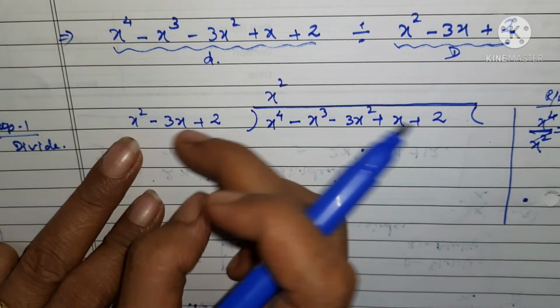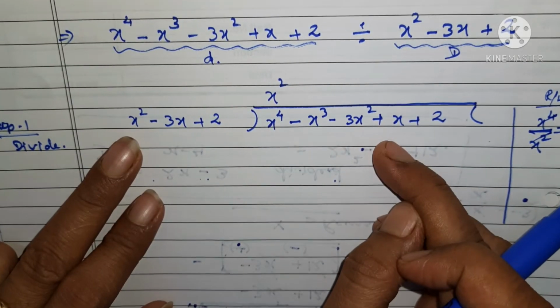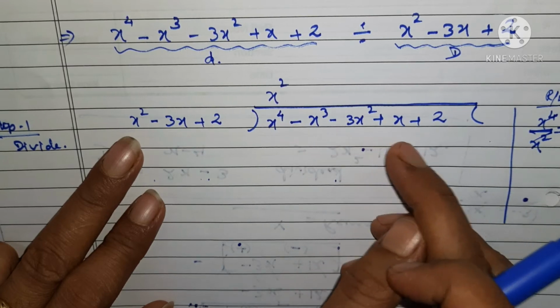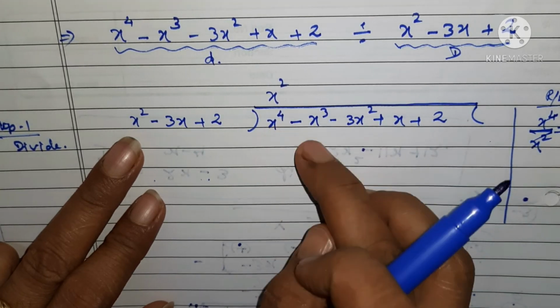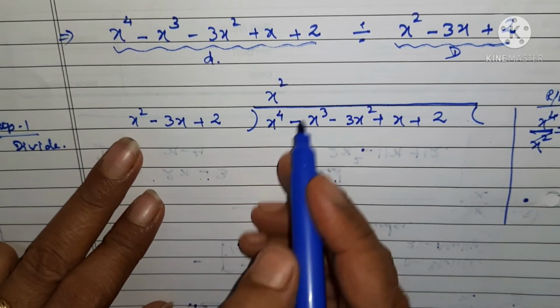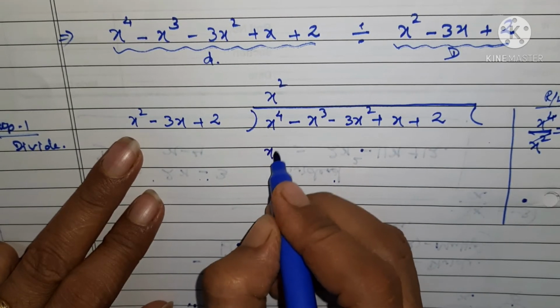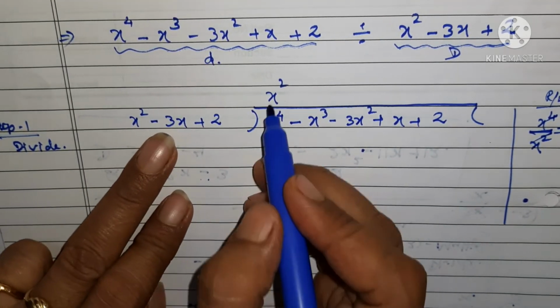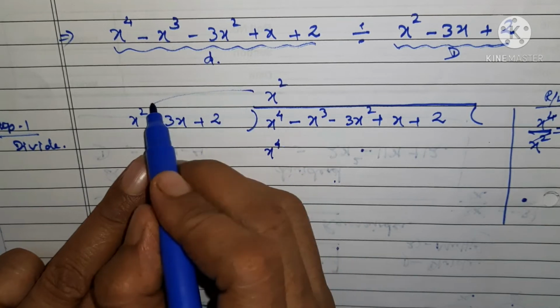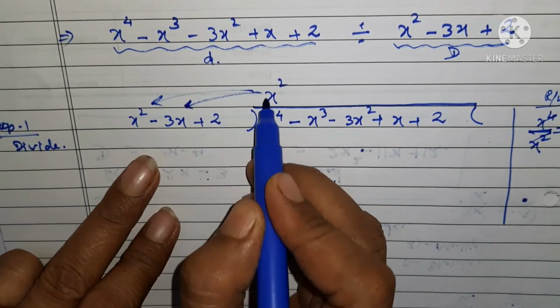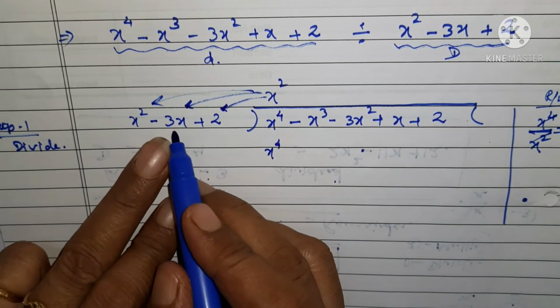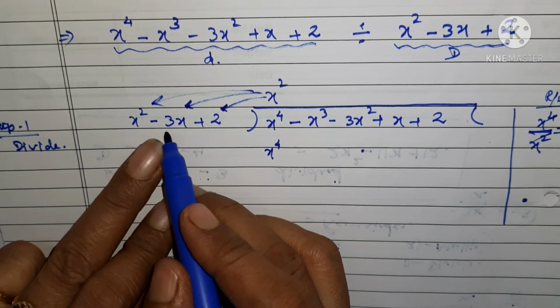Remember, when you are going to multiply, just make sure that you write it just below the like variables or the same powers. So it is giving you x4. Let us write here x4. Then secondly you will multiply by minus 3x.